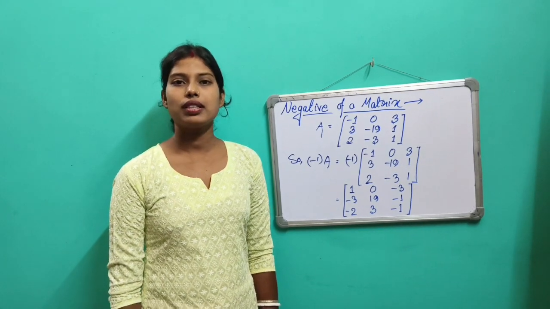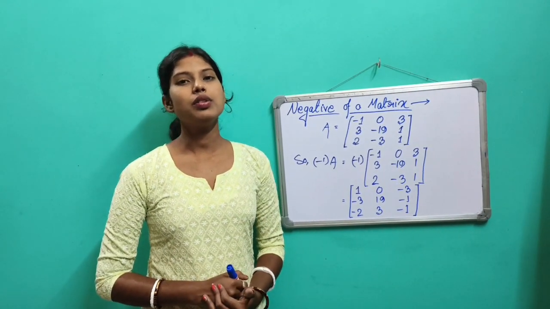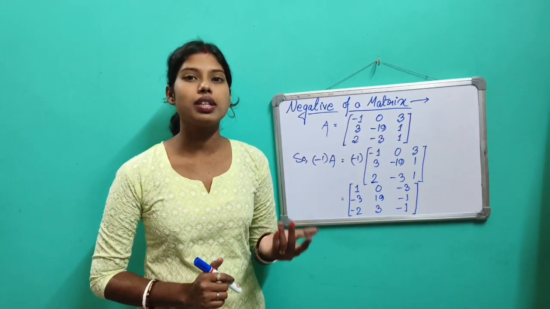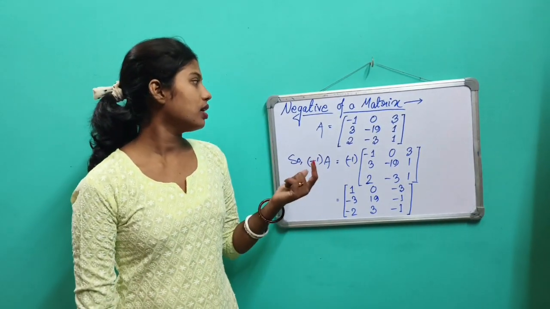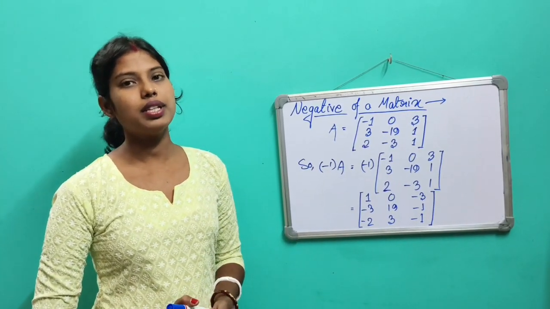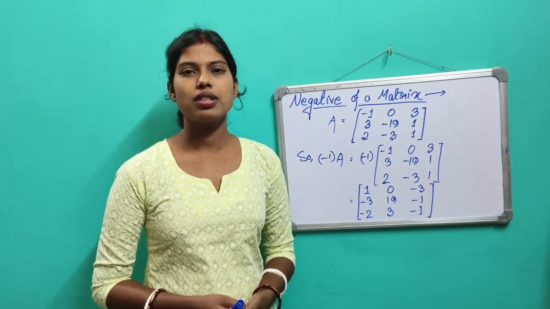The next operation on matrices is the negative of a matrix. Whenever you are introduced to a new term, let's first learn how to generalize it, right? So here it says negative of a matrix. Now take a real number, for example 10, which is an integer.